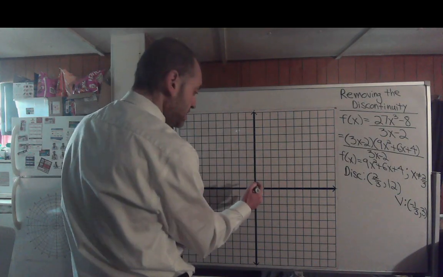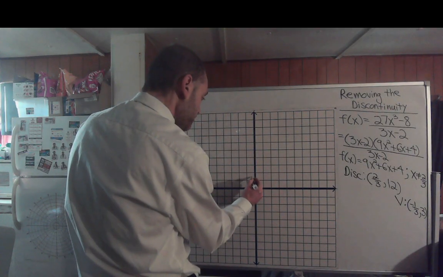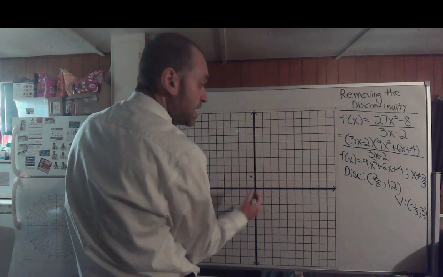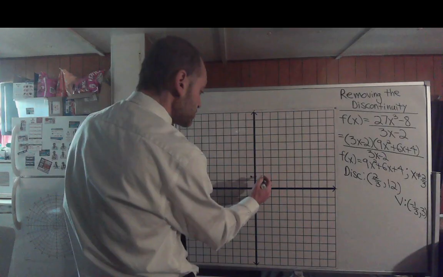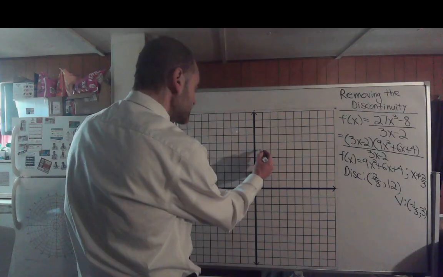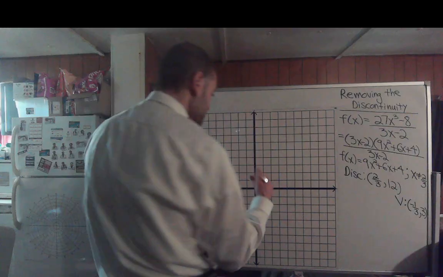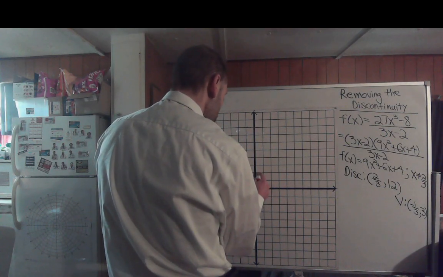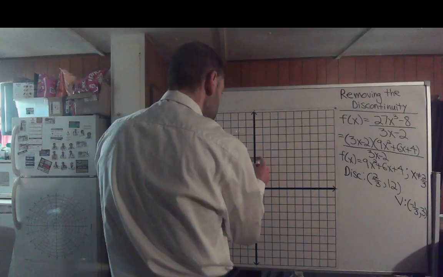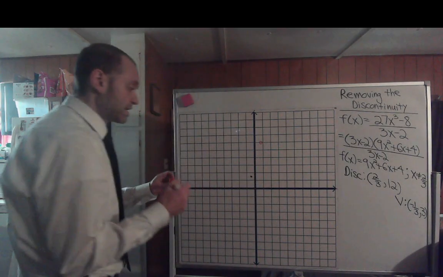So negative 1/3, 3 is right about there. And then (2/3, 12). Whoops, I need the red ink because that's where the discontinuity is. So about (2/3, 12) is about right there.